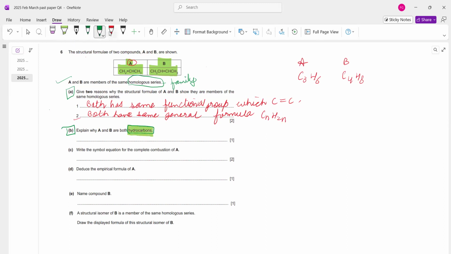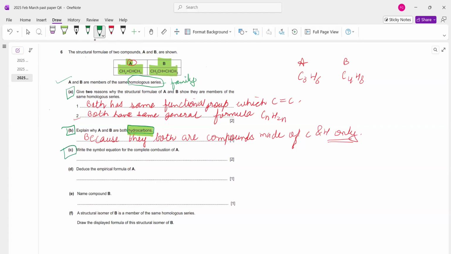So, we'll say that because they both are compounds made of carbon and hydrogen only. Please understand that the term only is very important to write here. The compounds that are made up of only carbon and hydrogen are called hydrocarbons. There should be no other element present in the compound.